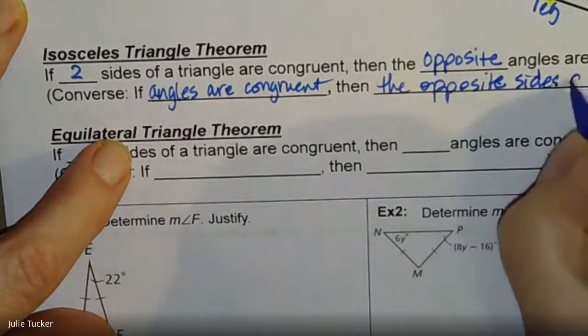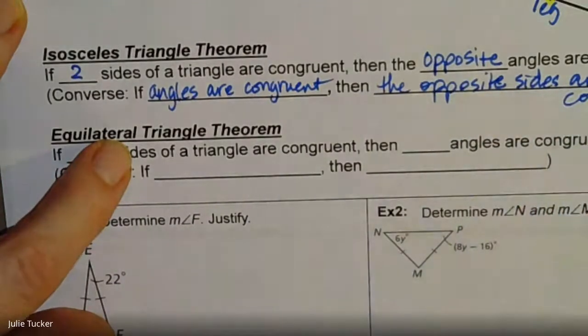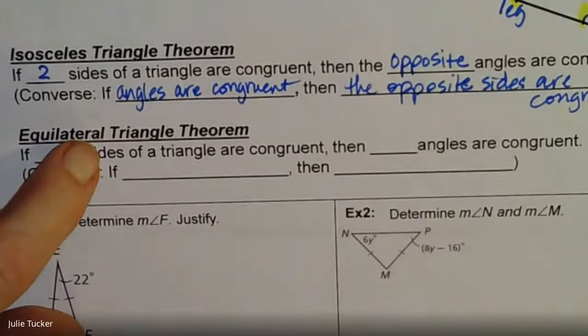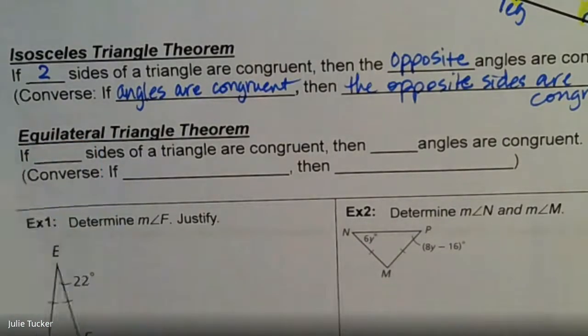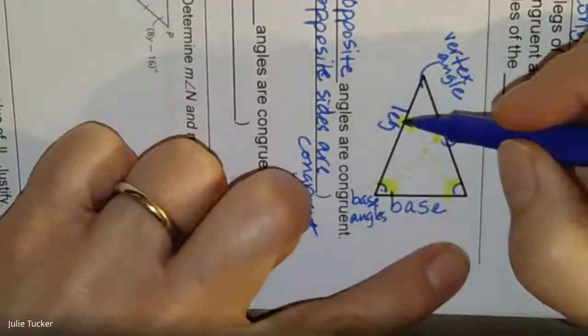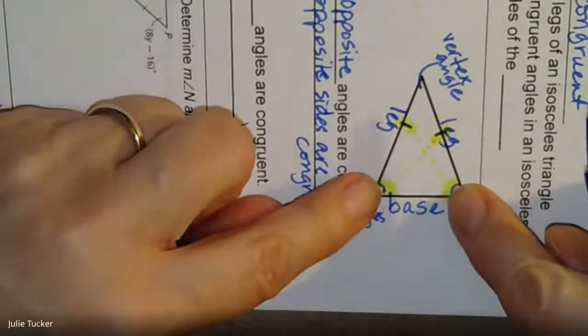Okay. So that is just a sentence about what I just showed you on the figure. So let's just go back to the drawing and make sure we understand what it's saying. It's saying that if you have two sides marked congruent, then the opposite angles will be congruent. If you have two angles congruent, then the opposite sides will be congruent. Okay.